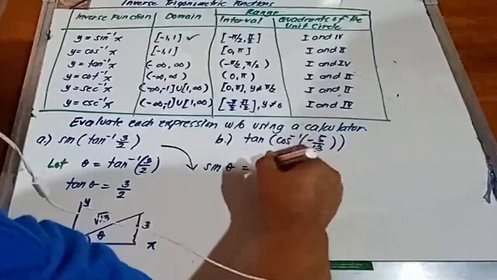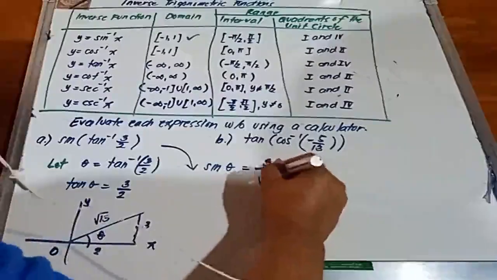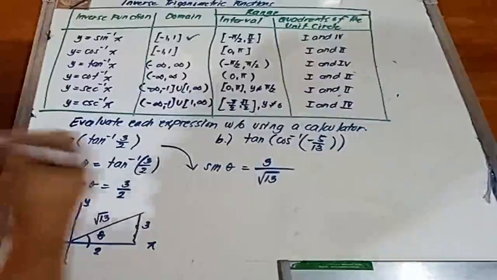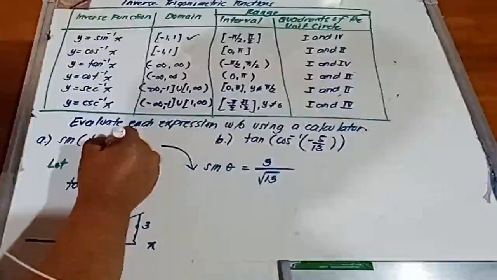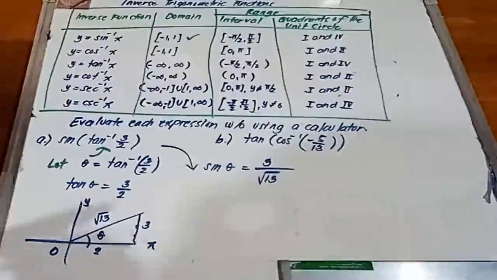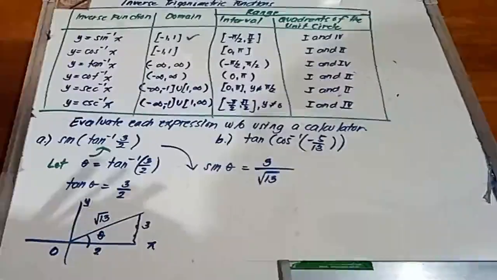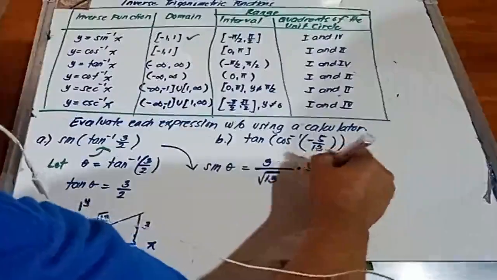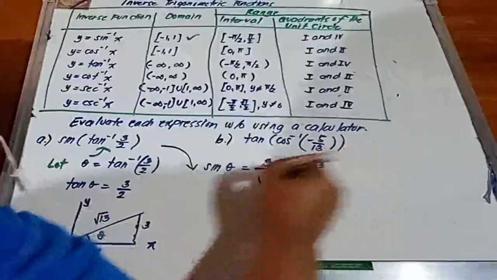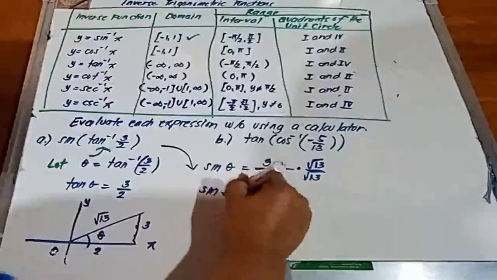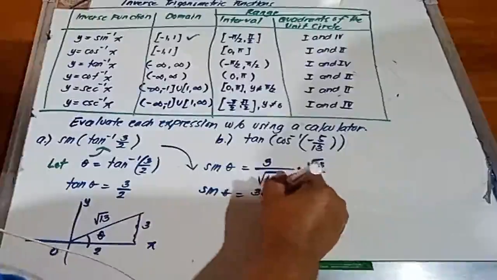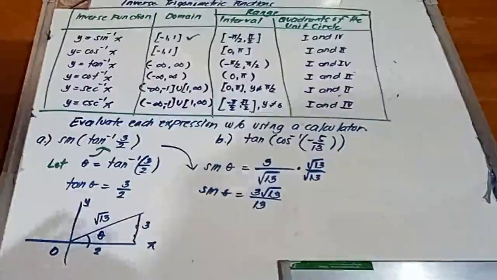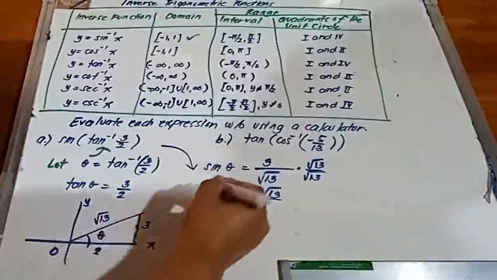So, 3 over hypotenuse square root of 13. Remember, ito ay theta na. And then, we rationalize the denominator by multiplying the numerator and denominator by square root of 13. So, therefore, sine theta is equal to 3 square root of 13 over 13. Okay. So, yun ang sagot natin sa letter A.